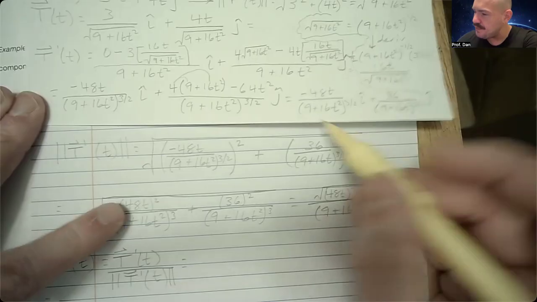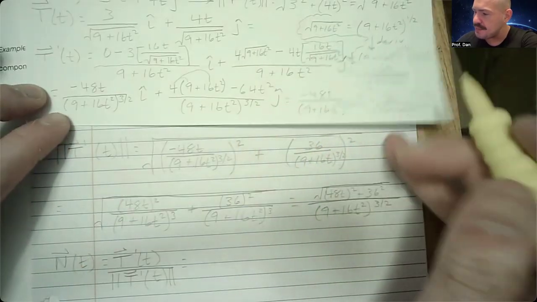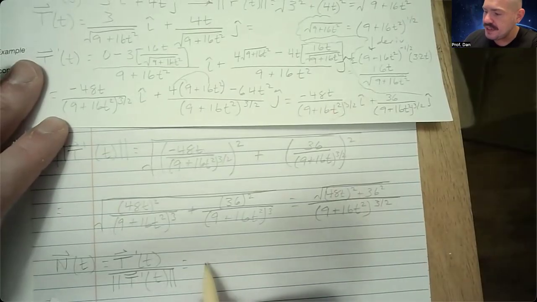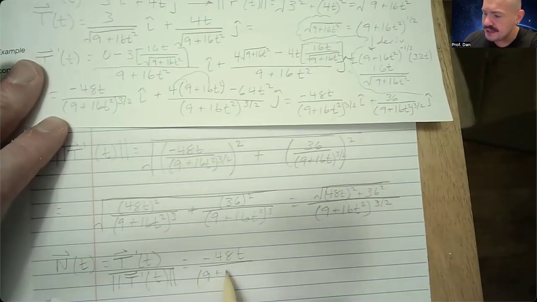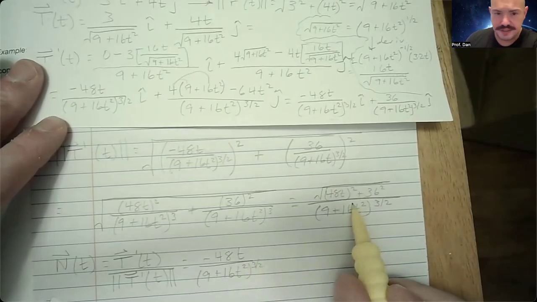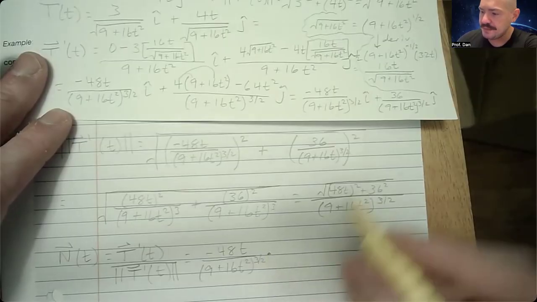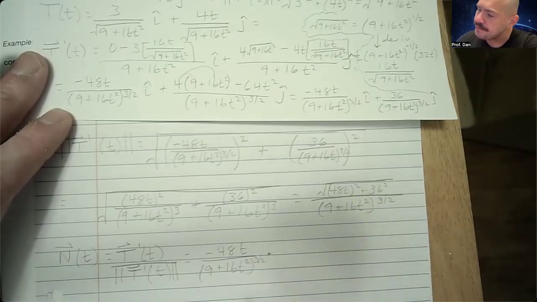So remember our simplified components. So we have negative 48t over our denominator divided by this. But remember, if I divide by a fraction, that's the same as multiplying by the reciprocal.